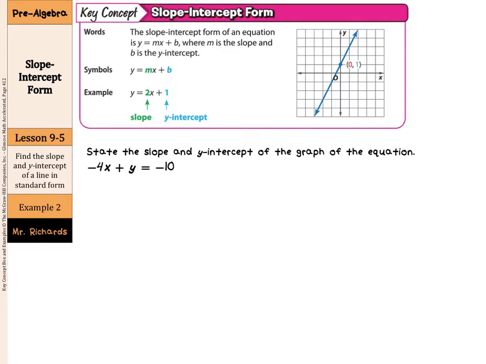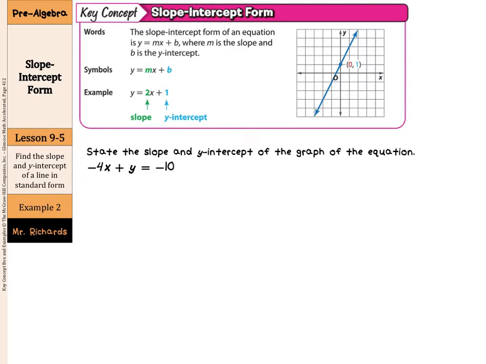State the slope and y-intercept of the graph of the equation negative 4x plus y equals negative 10. Well, this example looks just a little bit different than the last example we just did. We need to make it look exactly like the last example. We want to get this into the slope-intercept form of y equals mx plus b.